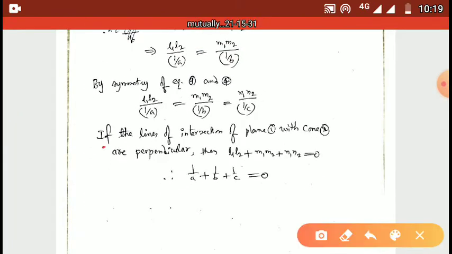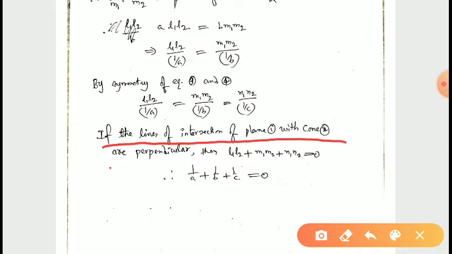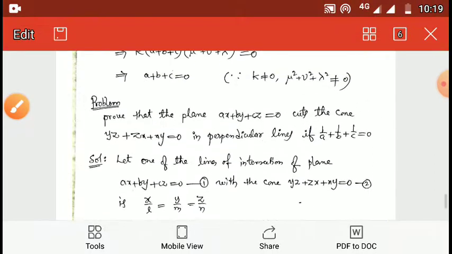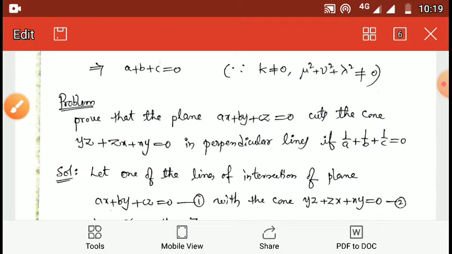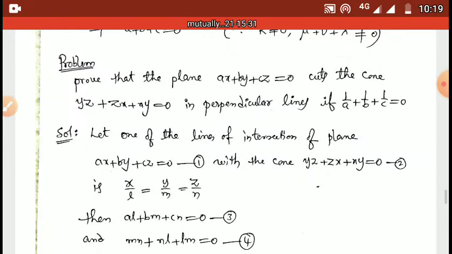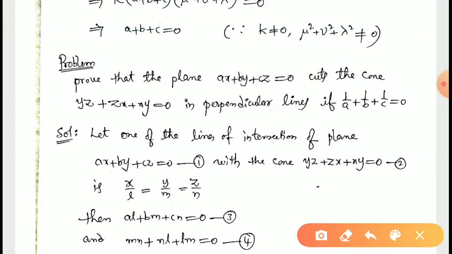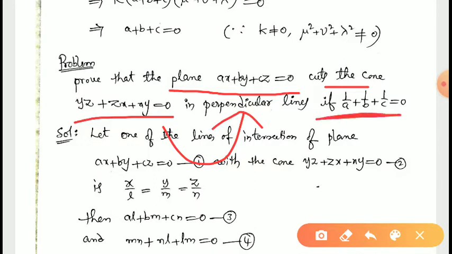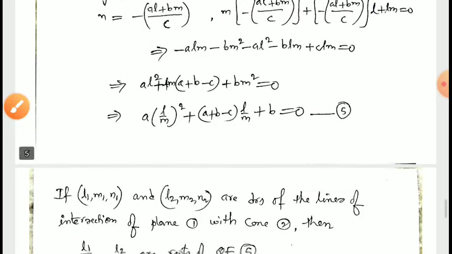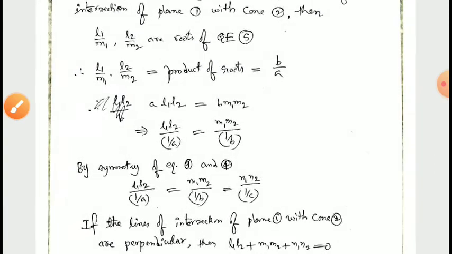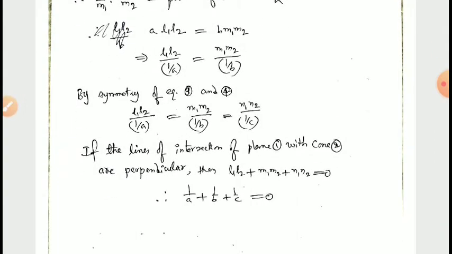If the lines of intersection of the plane and the cone are perpendicular. So once again see the statement here. This plane cuts the cone in 2 lines. If the 2 lines are perpendicular, then we have to prove this.